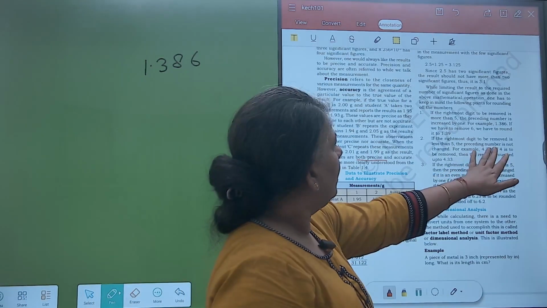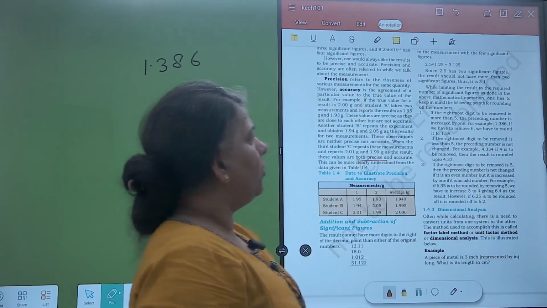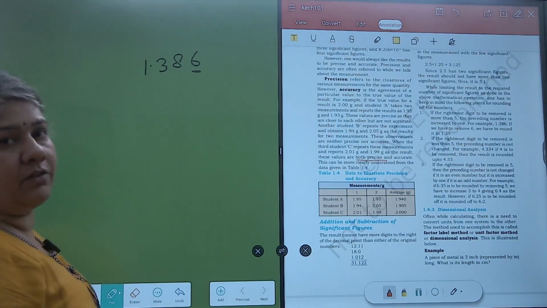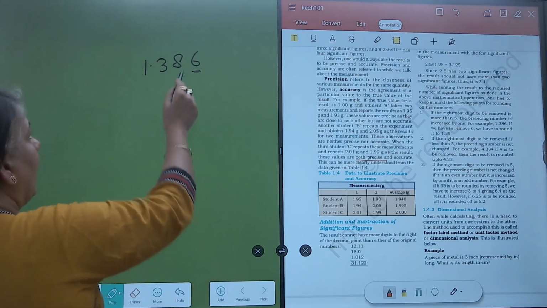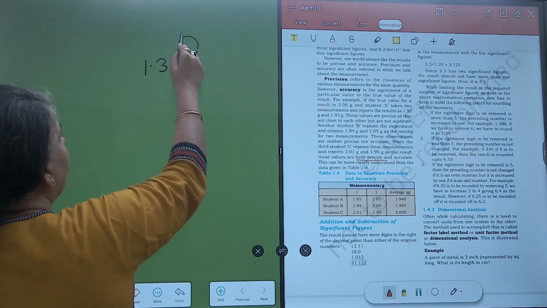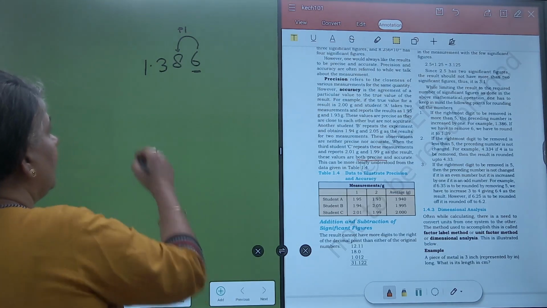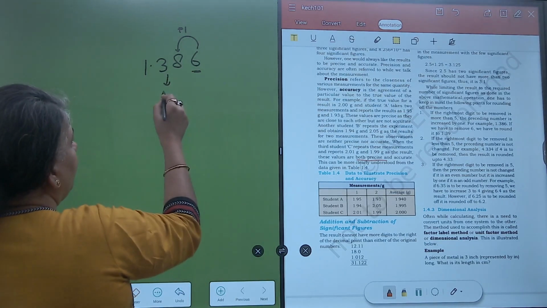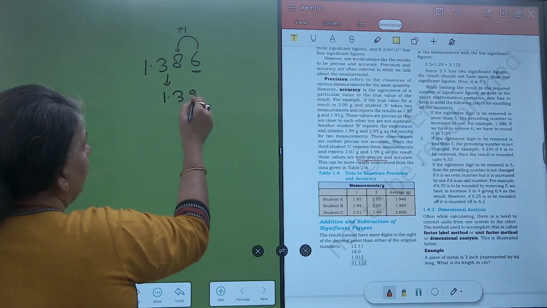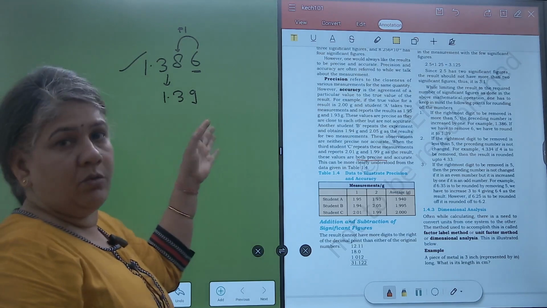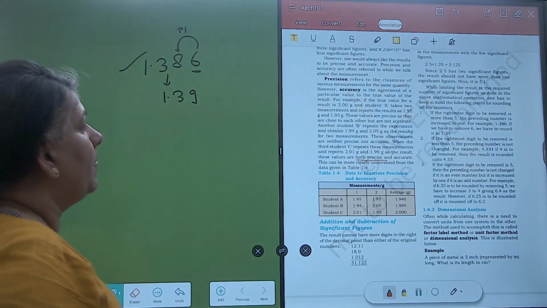And here, if we have to remove 6, what we do, if the last digit is more than 5, we add 1 to the preceding number, that is number before 6. So our answer will be 1.39. So rounding off 1.386 will give you 1.39.